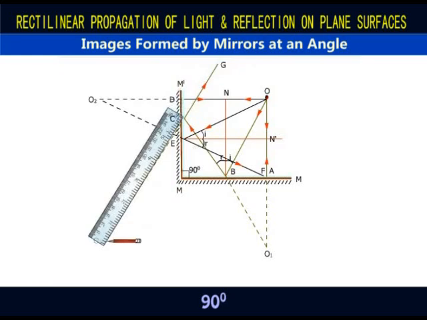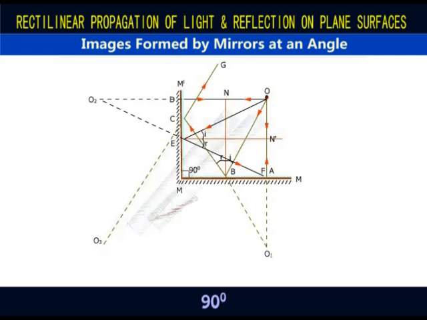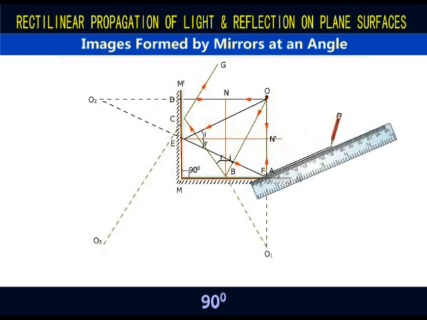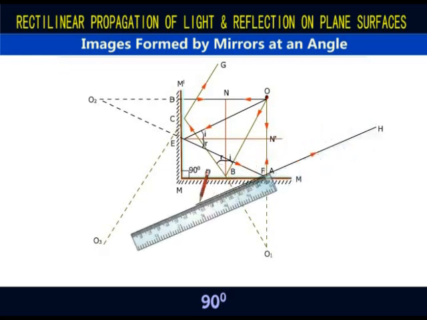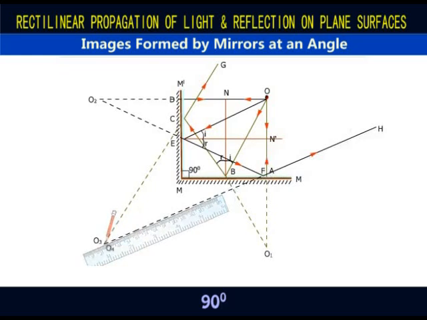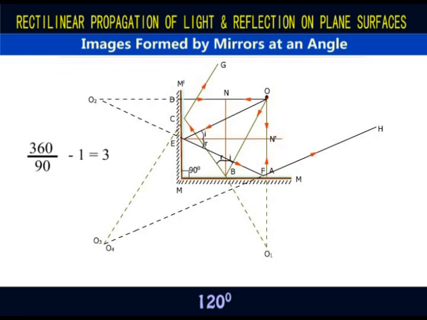The ray CG appears to come from O3, which is the image of O1. Similarly, the reflected ray EF gets reflected internally by the mirror MM along FH. The ray appears to come from O4, the image of O2. O3 and O4 coincide, and therefore we obtain three images, and from our formula, 360 over 90 minus 1 is equal to 3.